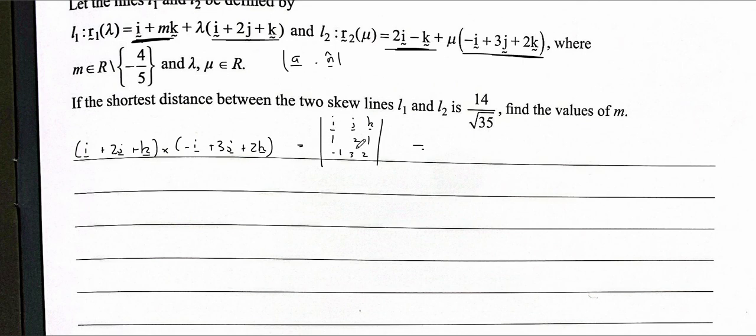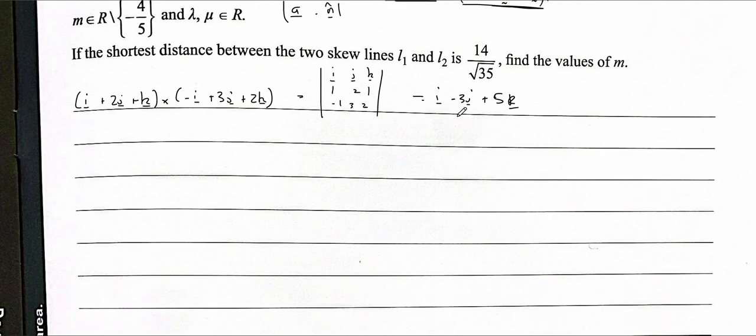So first one is going to be 4 minus 3, i. 2 plus negative 3, j. 3 plus 2, 5, 5k. And then the unit vector of this is going to be 25 plus 9 plus 1, 35, 1 over root 35.